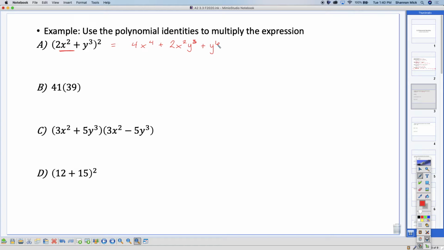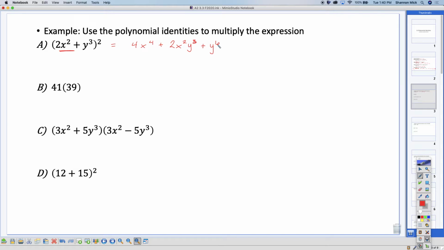Now we can use these things to make even multiplication of just whole numbers easier. So I have 41 and 39. So we're going to think difference of squares. I need to think of two numbers that when I add them I get 41, and when I subtract them I get 39. 40 and 1.